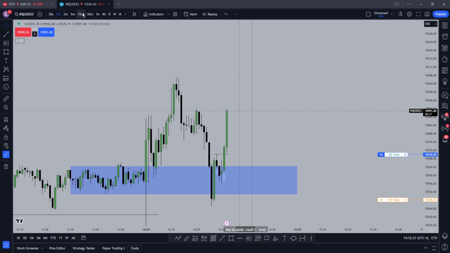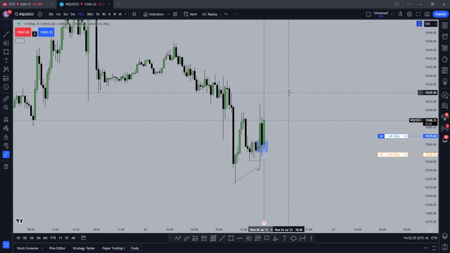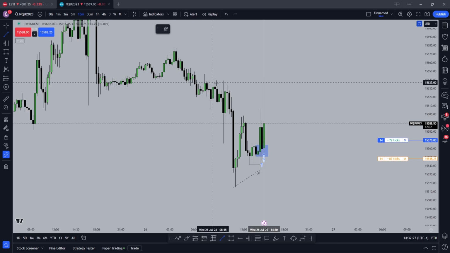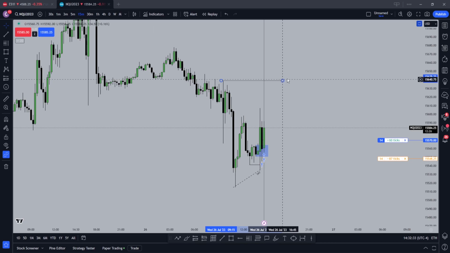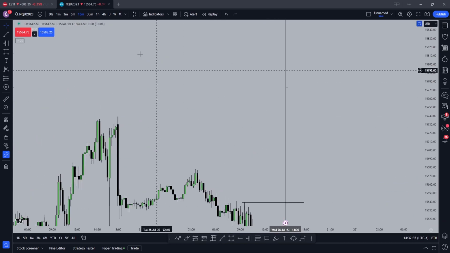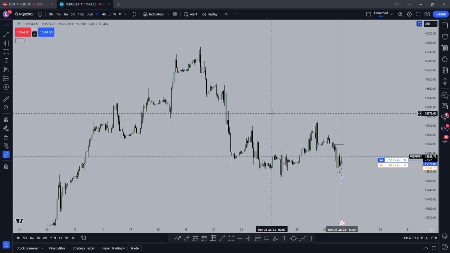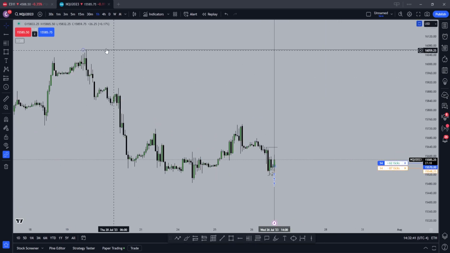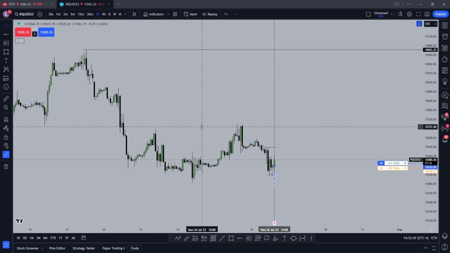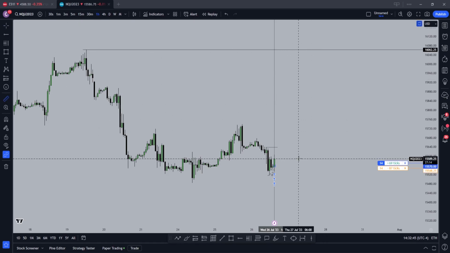Starting to displace nicely. Now, where am I targeting? So here is the easiest target. But long term, for the week or even the next few weeks, will be this high over here, around 500 points.